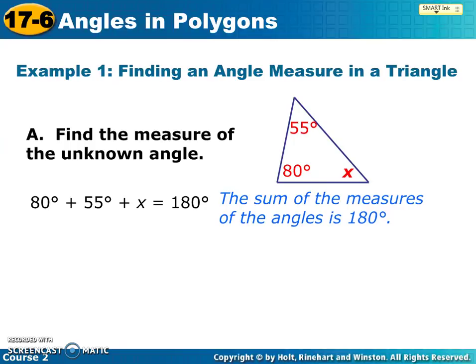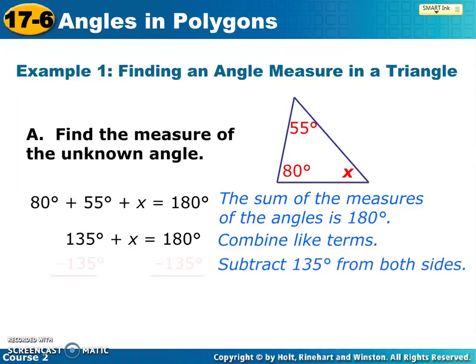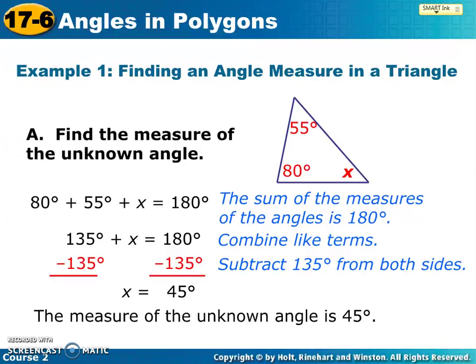We know from our previous lessons a few weeks ago that we want to get x on a side by itself, so we can combine our like terms first, and then subtract 135 from both sides to get x equals 45. In other words, we're taking 180, subtracting 55, and subtracting 80 to get x, our last angle, to equal 45. So the measure of the unknown angle is 45 degrees.